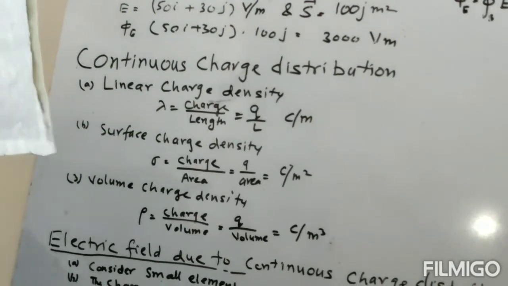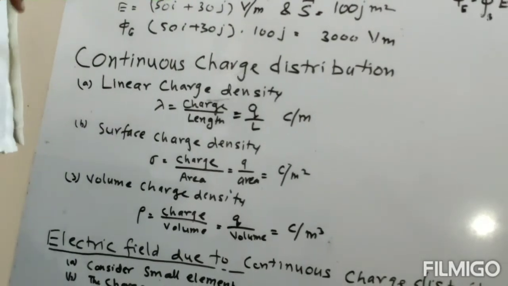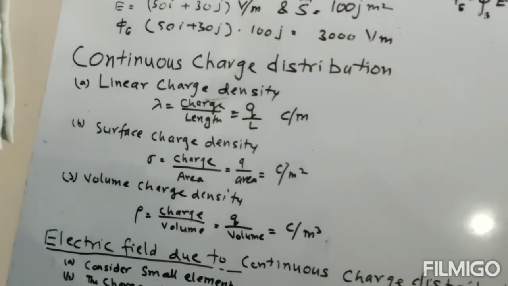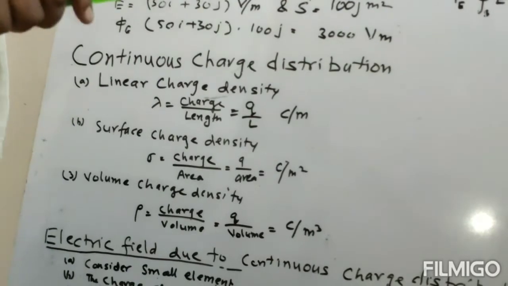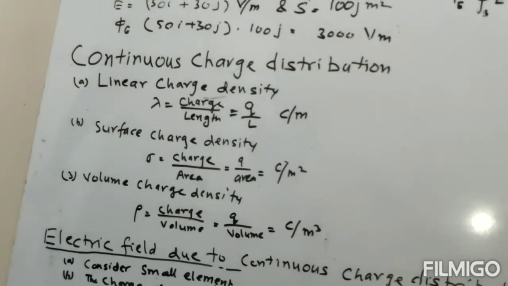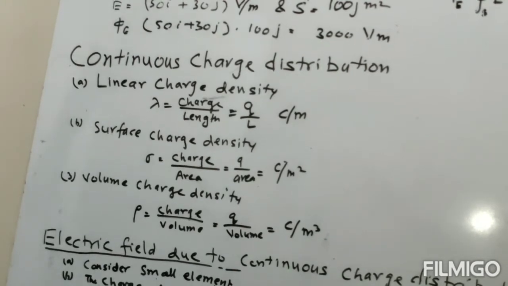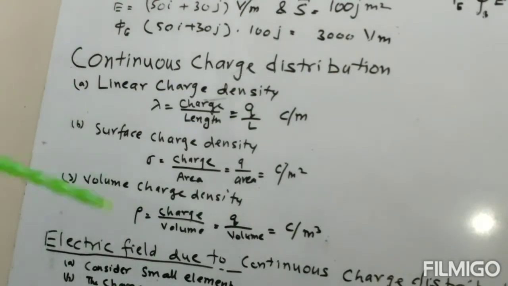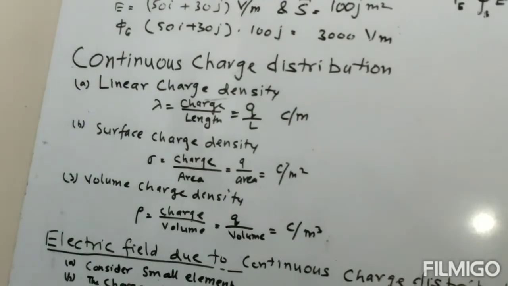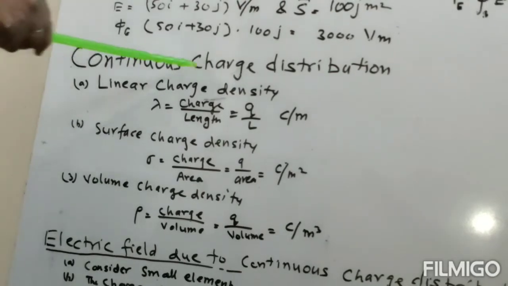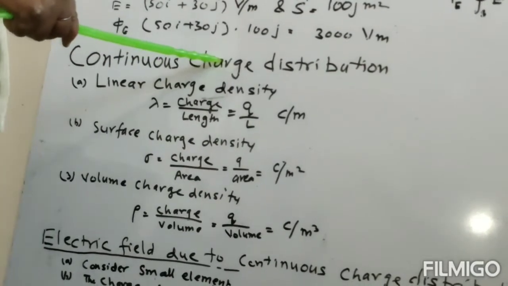If the conductor is linear, then it is in one dimension. If the conductor is a plate, then it is in two dimensions. And if the conductor is in three dimensions, then the distribution will be in different ways. If we give charge to the conductor, then the charge will be distributed on the upper surface of the conductor.